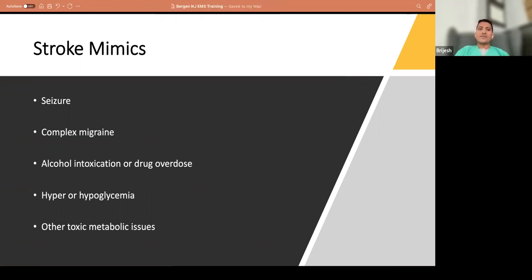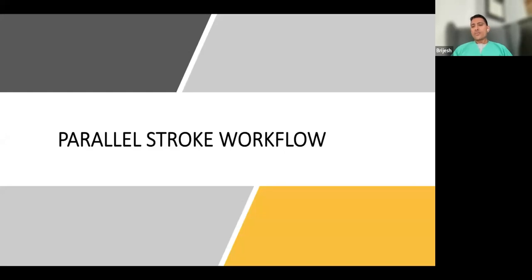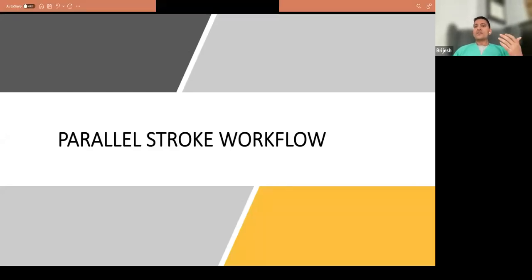If they have a prior history of stroke, they can have evolution of the same deficits that they had before, or if they have an underlying infection like a UTI, they might again exhibit the same symptoms from their prior stroke, or just have some baseline lethargy, altered mental status, confusion, aphasia, things like that. And so it's always important to inquire, do they have any prior history of stroke?